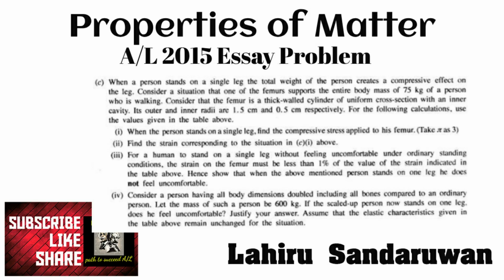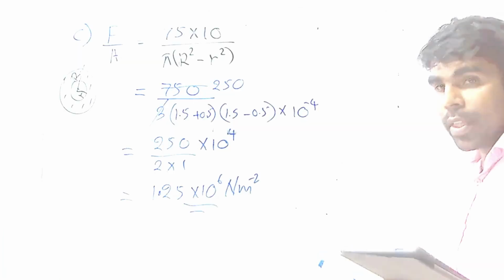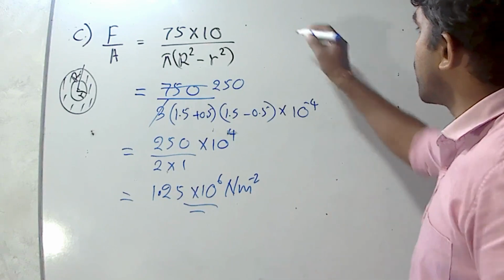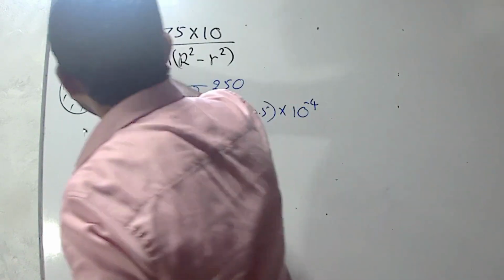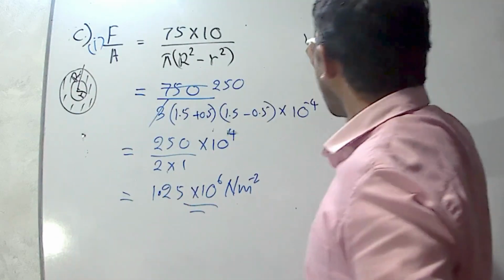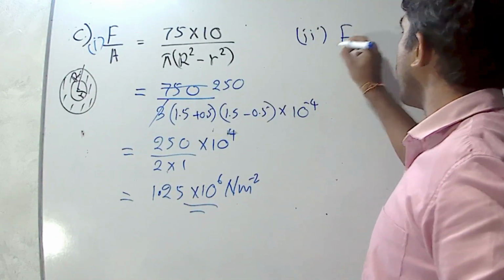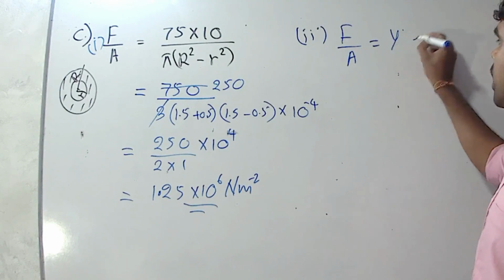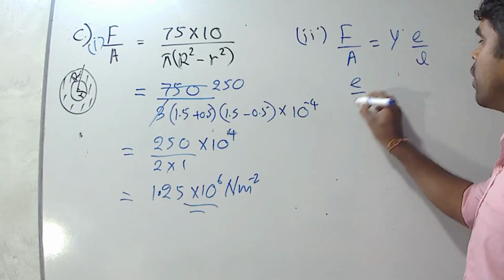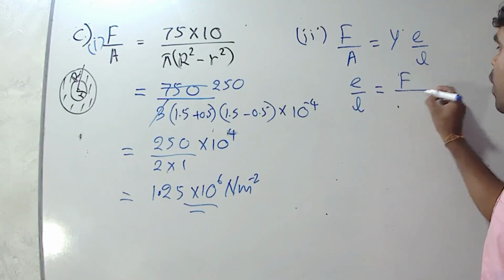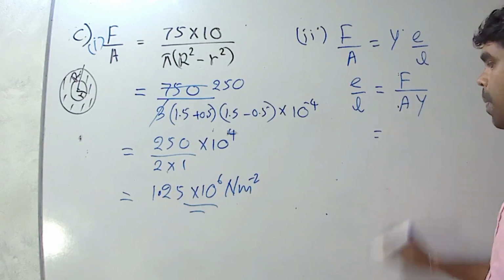Part 2. Find the strain corresponding to the situation in part 1 above. Then we can use Hooke's law. Now part 2. F over A equals Y times e over L. We have to find e over L. Then we can get F over A divided by Young's modulus.